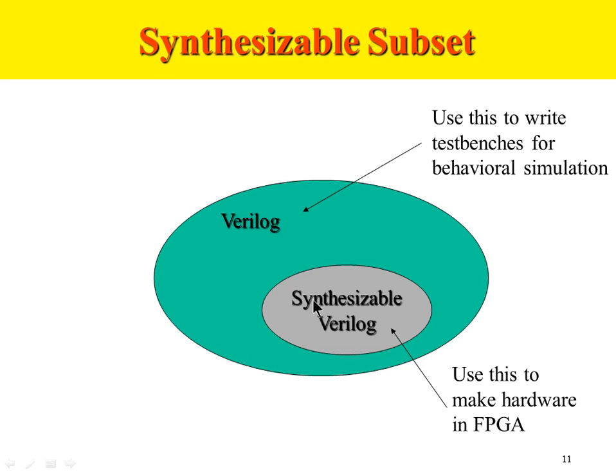The synthesizable part of the language is around 40%, the rest is around 60%. And it is improving day by day, so more and more of the language is synthesizable. Probably it could be around 50-50 now. But there is a significant part of Verilog which is still used only for simulation and verification purposes, not for design purposes.